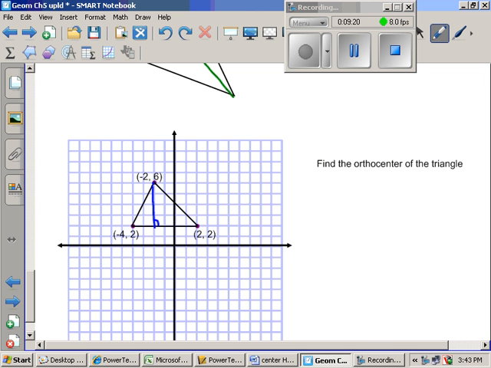So I've got to find the slope using this point and this point. I do y2 minus y1 over x2 minus x1. So that gives me negative 4 over 4 or negative 1. So the slope of this line right here is negative 1. Okay? I don't want to use blue there.